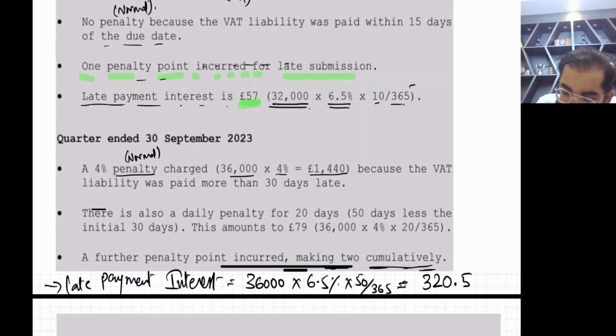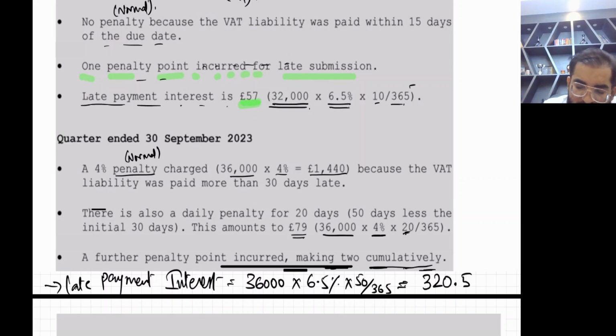There is also a daily penalty for 20 days, because 50 days less 30 days, the amount is 36,000 multiplied by 4%. And this 4% is per annum, and per annum means 365 days, and we are only 20 days extra. So 20 upon 365 is 79 pounds.